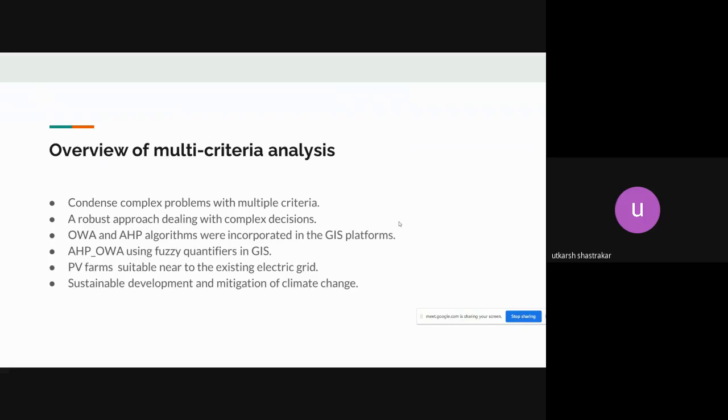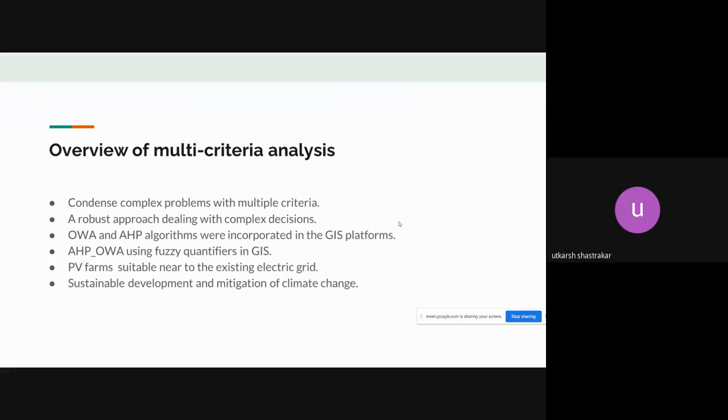They have used GIS in this project, and at the end, they have used AHP-OWA as a combined algorithm, which is implemented using fuzzy quantifiers in ArcGIS to create weights for all the different criteria which we have considered.